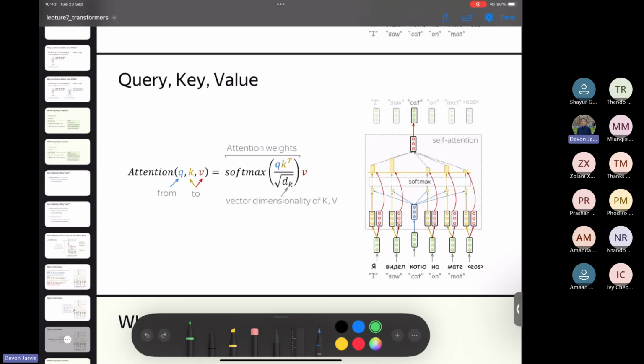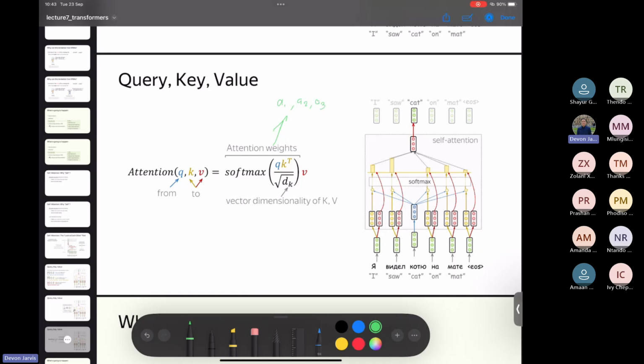In this case, the updated embedding is all of the values being added together, but they're added together with weightings based on the attention. So let's call these A1, A2, A3, A4, and A5.